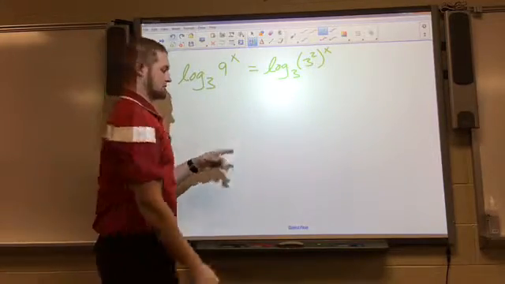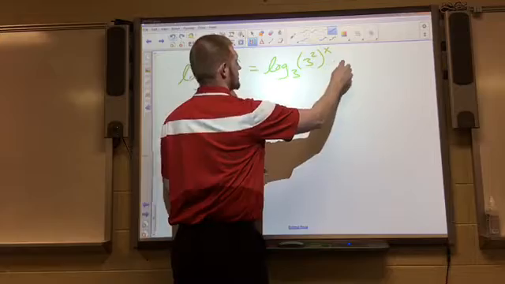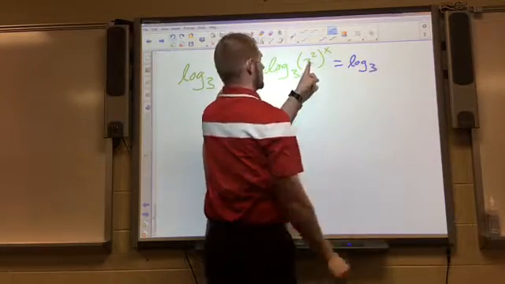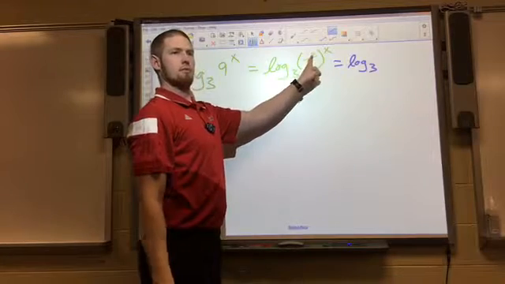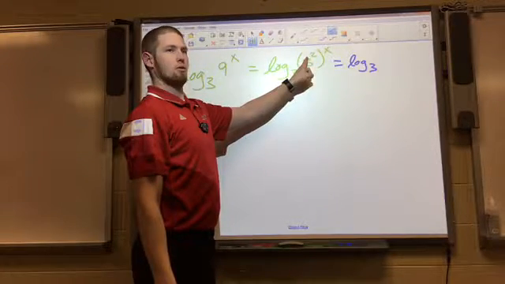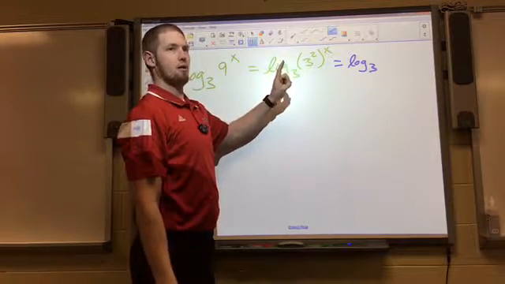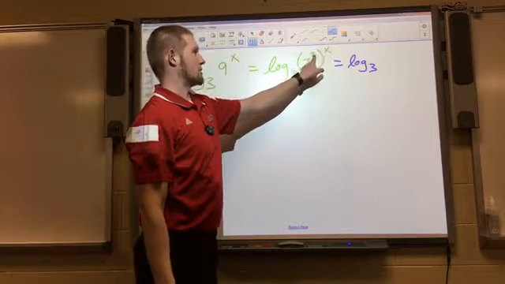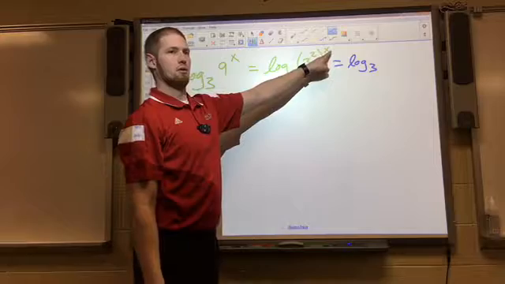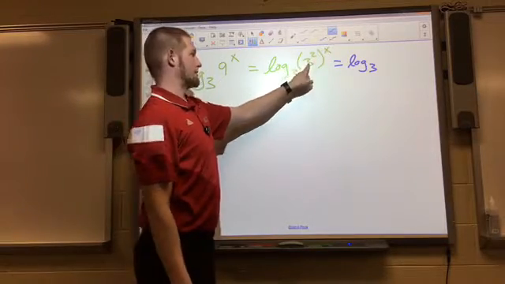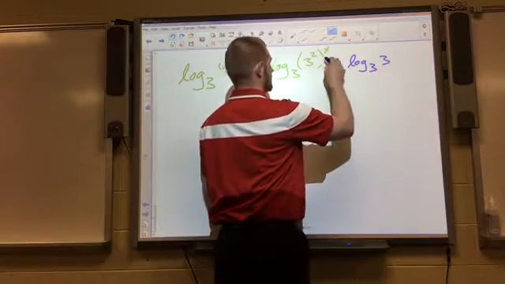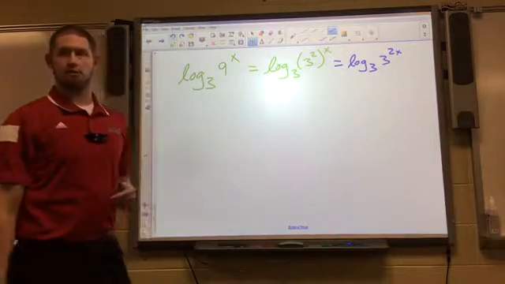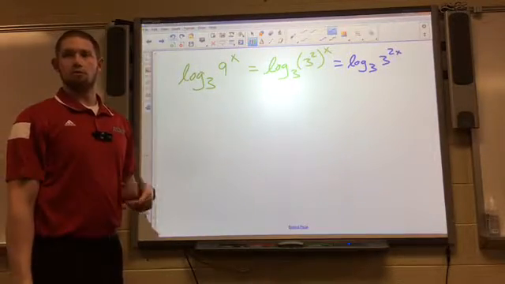Okay, let's go ahead and finish simplifying this before we go any further. Log base 3. What do I get here? Well, we don't want to change it back to 9, though. What do I do with my two exponents if I have power of a power? I multiply them, so I have 3 to the 2x. So Spencer, what's my answer to this problem? 2x.